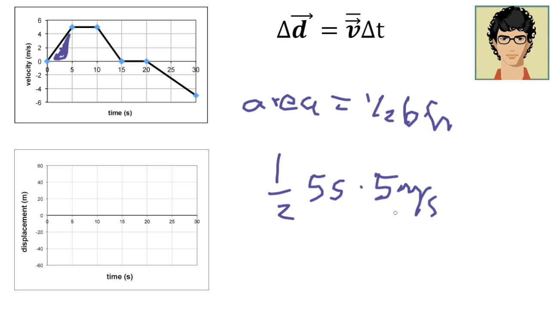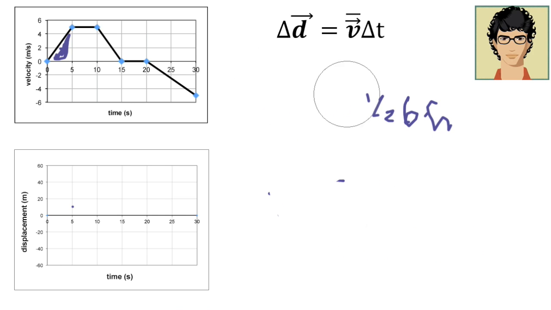All right, not too bad. That equals 12.5 meters, like so. So I'll put a little dot over here at 12.5 meters. So I'm going to estimate it to be about there. There's our dot. Beautiful.